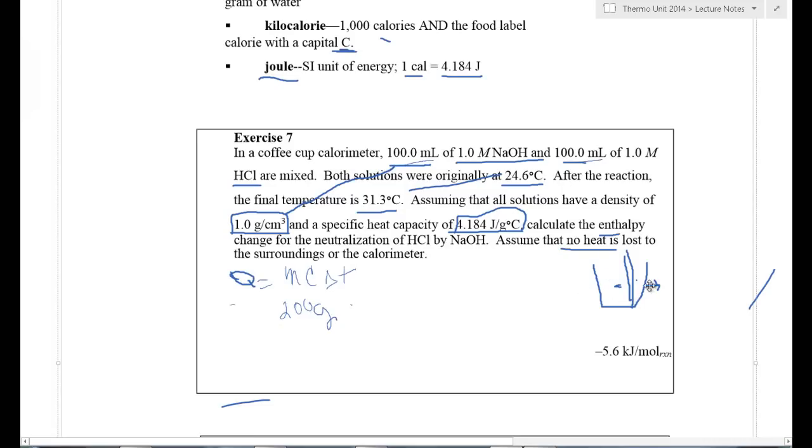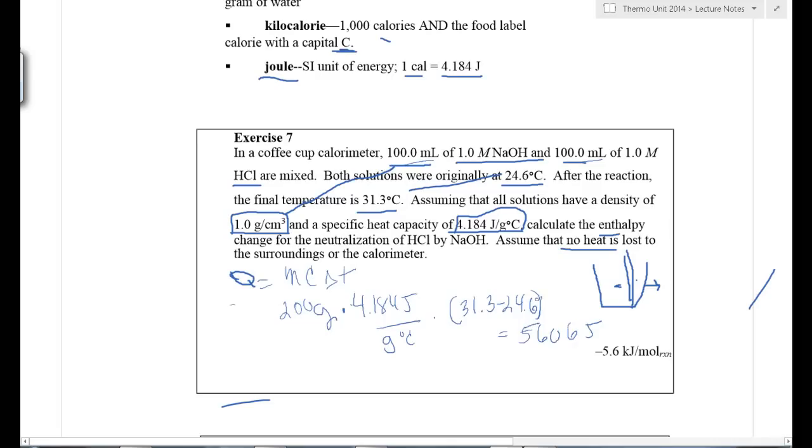So the amount of water that's getting heated up is about 200 grams of water. All right, and it said that we're going to assume that the heat capacity is 4.184 joules per gram degrees C times my change in temperature. My change in temperature is going to be 31.3 minus 24.6. So if I go ahead and plug in the values here, my calculator will say 5606 joules. Okay.